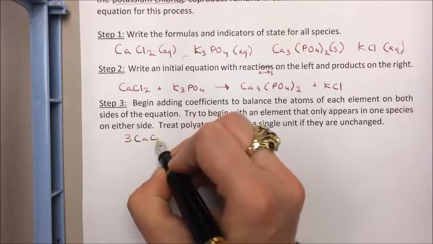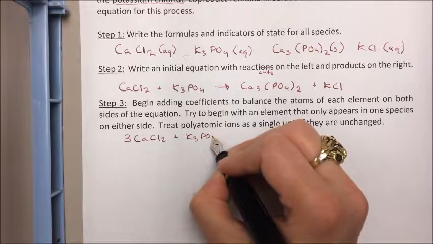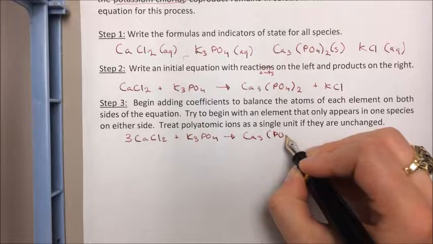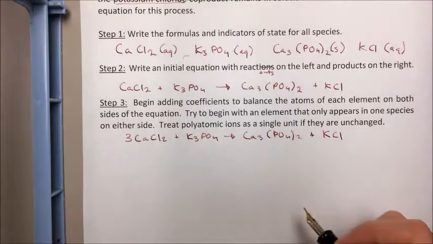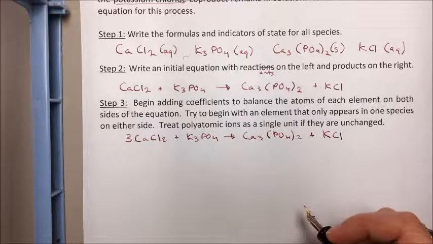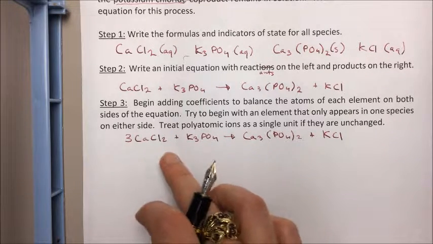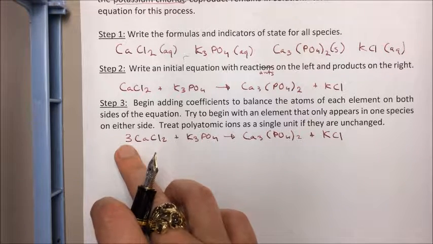So 3 CaCl2 plus K3PO4 becomes Ca3(PO4)2 plus KCl. All right. Next, let's try balancing our chlorines since we've affected their balance by adding this coefficient.